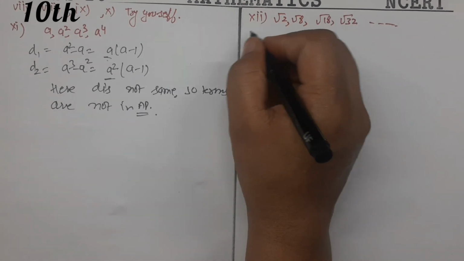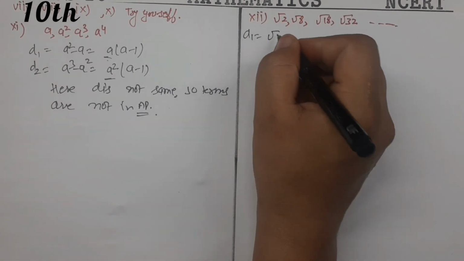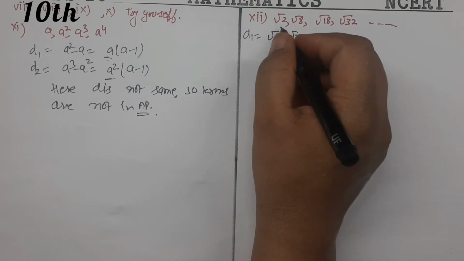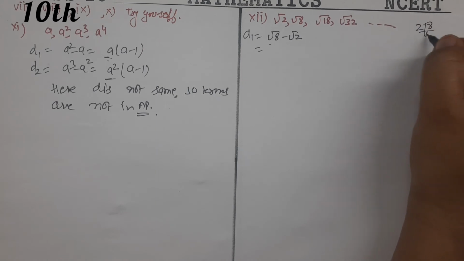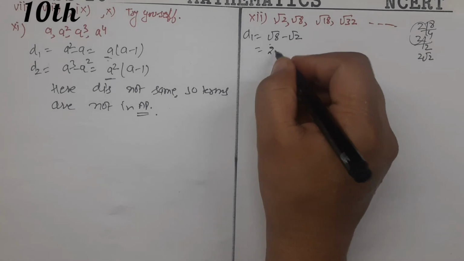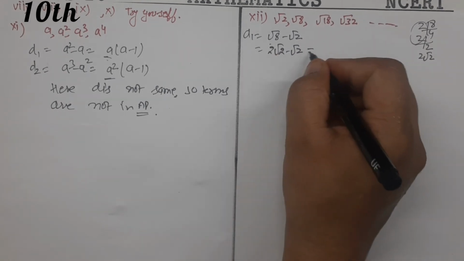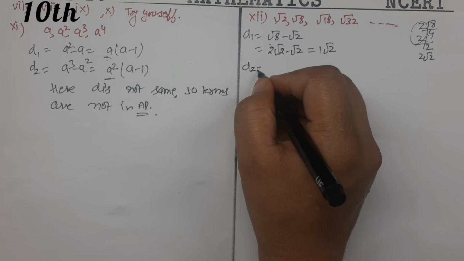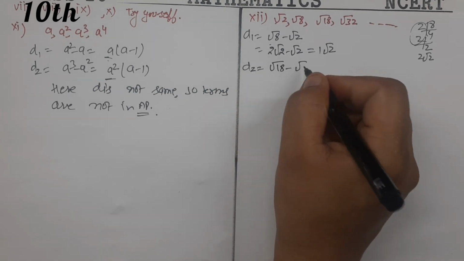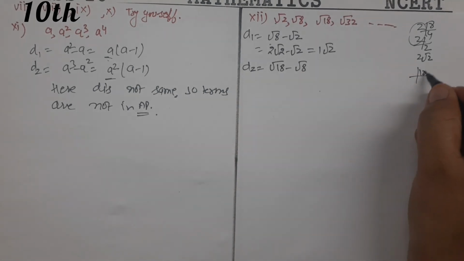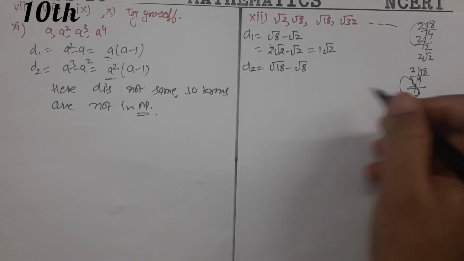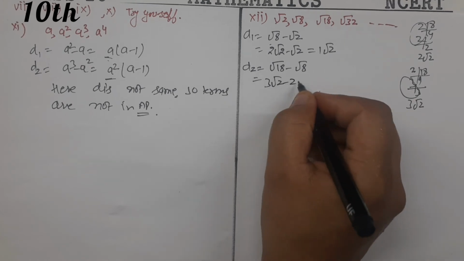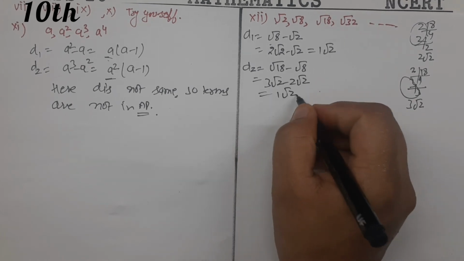Next part. a2 minus a1, root 8 we can write as 2 root 2. 2 root 2 minus root 2 makes 1 root 2. d2 = root 18 minus root 8. 18 we can write as 3 root 2, makes 1 root 2.